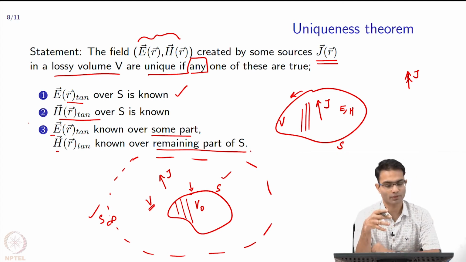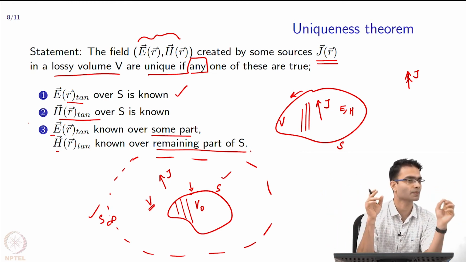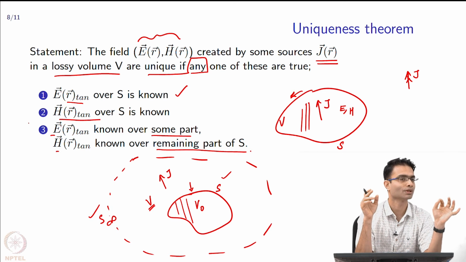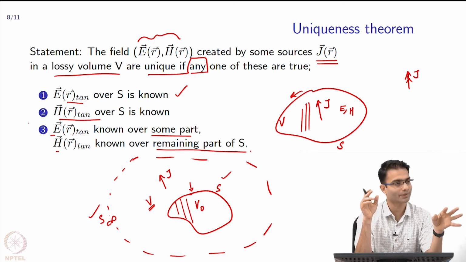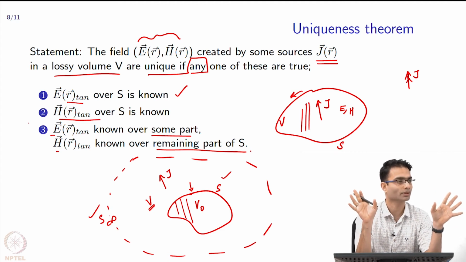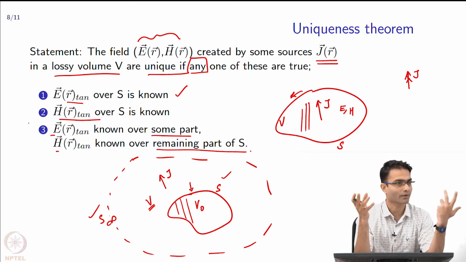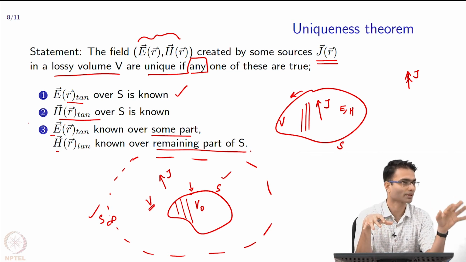When you take Maxwell's equations and solve them over some volume, you will find that you need to specify some tiny amount of loss for this theorem to hold true. Practically, this loss can be really small, so that you can effectively treat it like a lossless volume. Even though we say free space is lossless, even air we say it is lossless, actually there might be some really tiny amount of loss in it which allows this theorem to be applicable.